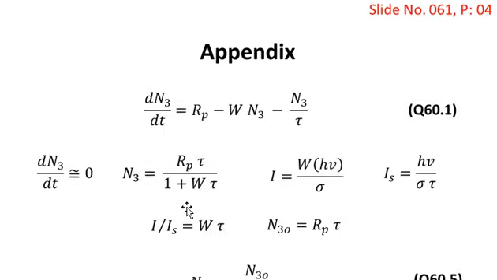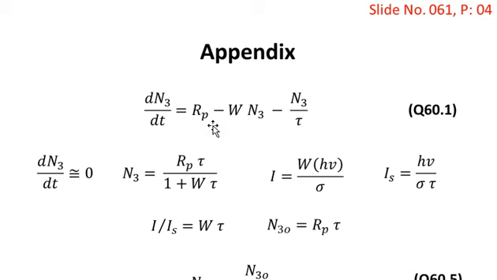Let's look at the appendix again. So you see that this was the rate equation. Now we are using a pulse of very short duration, much shorter in comparison with the lifetime of level 3, which is tau. Under that condition, the population of N3 will increase, which will only be compensated by the stimulated emission term W N3.